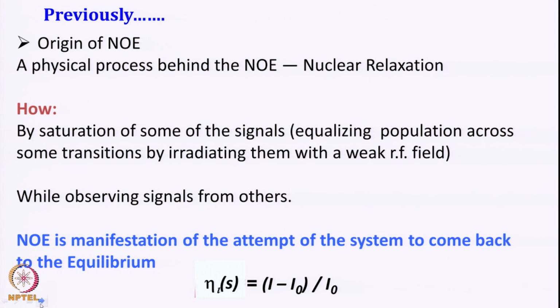So, how is it done? We are saying that there are two spins coupled by dipolar coupling, or through space. We apply a saturation pulse on one of the signals.